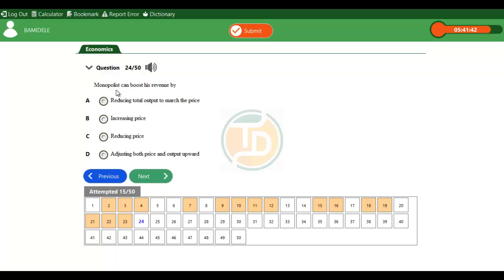Now, we can relate this to the theory of demand under price elasticity of demand. You can see that there's a relationship between price elasticity of demand and total revenue. Commodities that have a fairly elastic demand are commodities that are competitive.